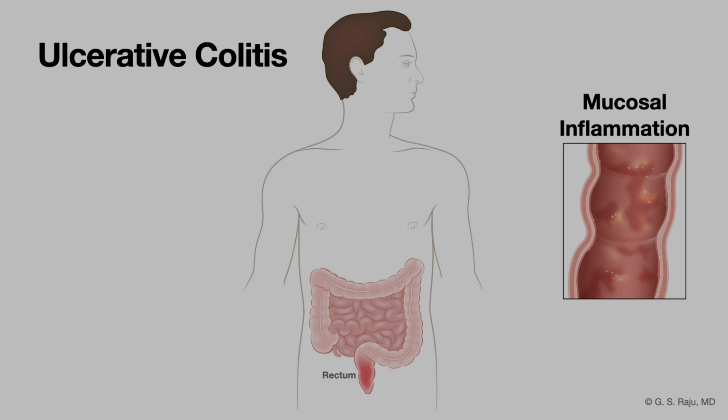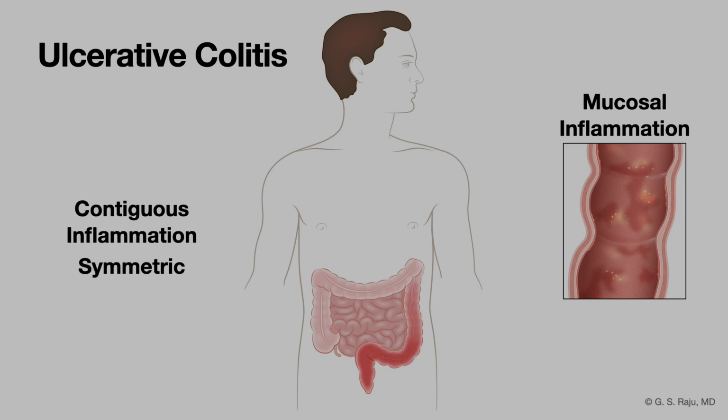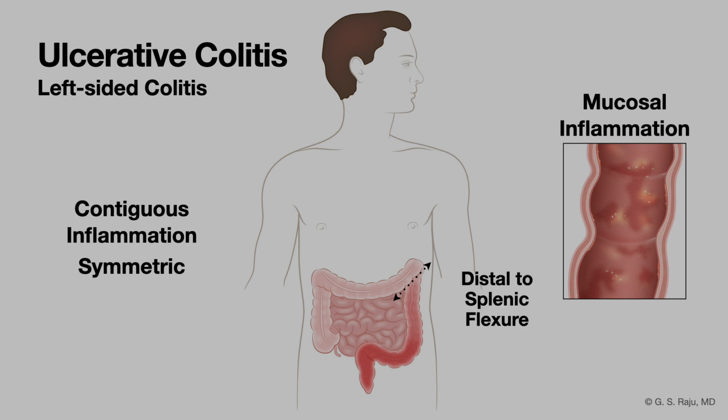Ulcerative colitis typically starts in the rectum, and that is known as proctitis. And then when it spreads up into the left colon in a contiguous manner and in a symmetrical manner, and reaches up to the splenic flexure but doesn't go beyond, it is known as left-sided colitis.